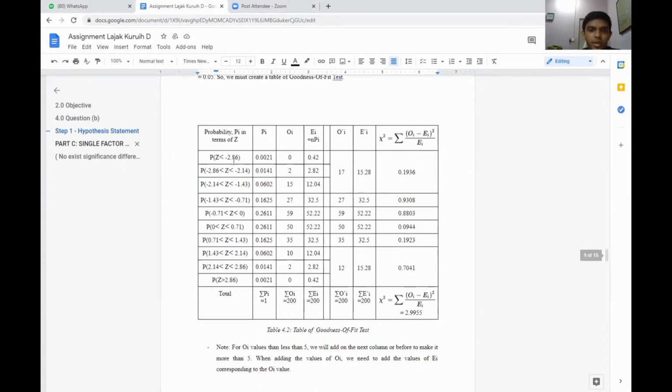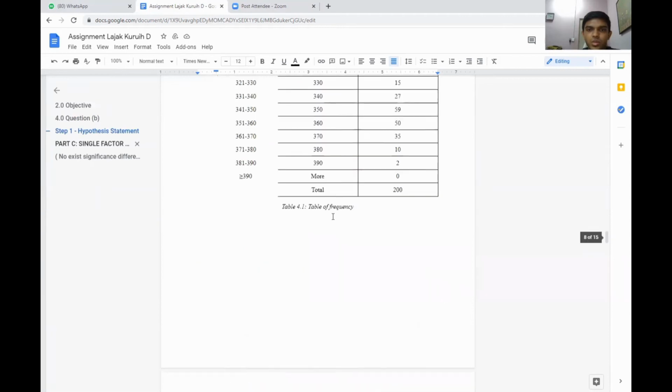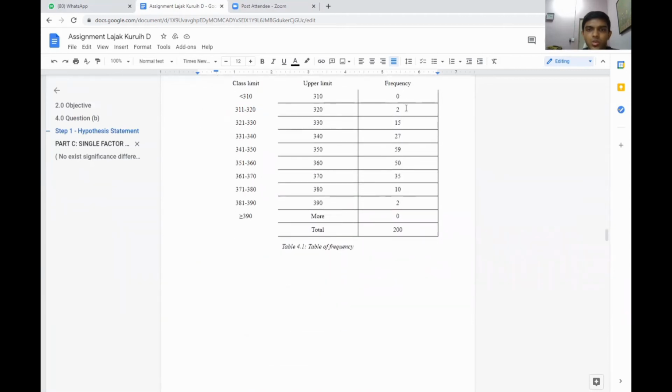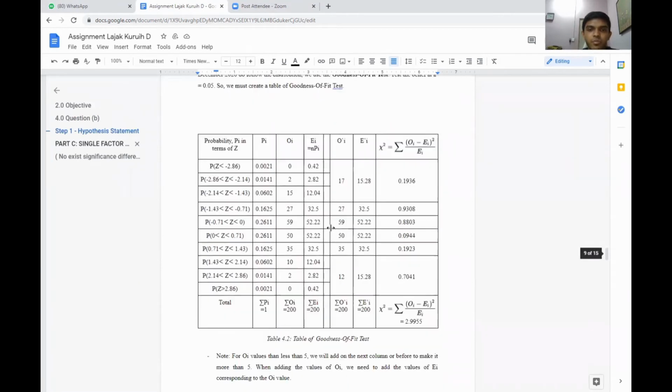We will get 2.86. And then when getting this, we must refer to our statistical table in the Z distribution. So we will get the value of the PI. Okay, so the OI is the same as the frequency, which is this one, 0, 2, 15, 27.